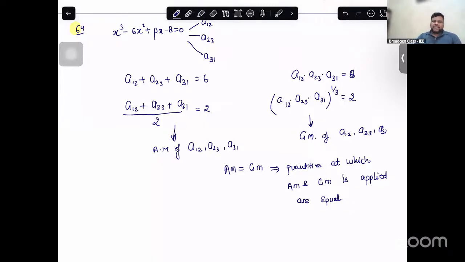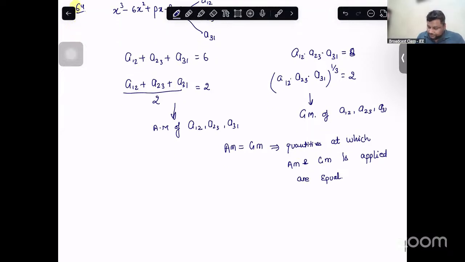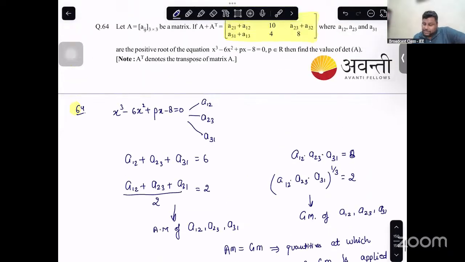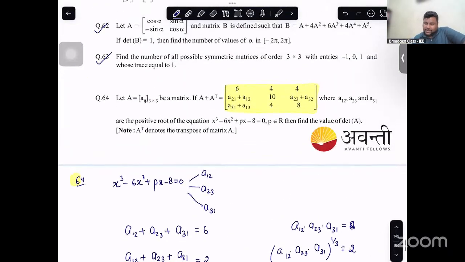So the quantities at which AM and GM are applied are equal. That means A12 is equal to A23 is equal to A31 is equal to 2. Correct? Now the question is, find the value of determinant of A.